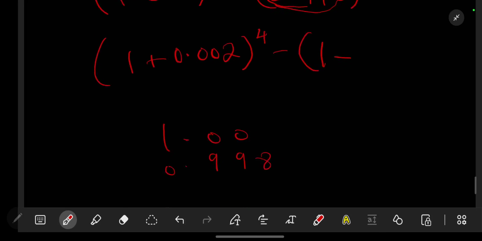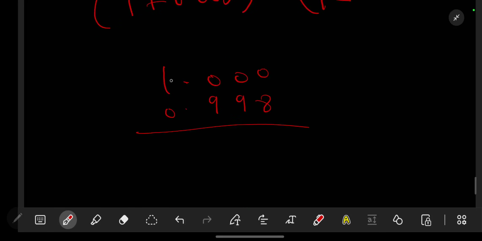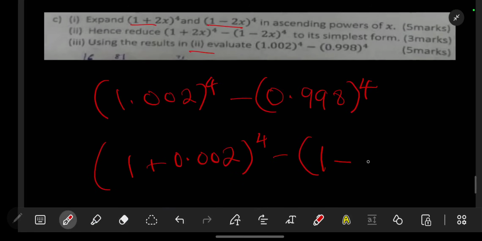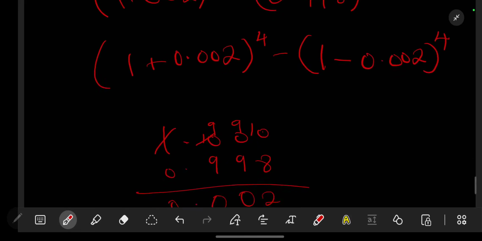This is going to give us, we get a 10 here, it will be 10 minus 8, it will be 2, 0, 0.0. So this number is the same as 1 minus 0.002 to the power of 4, like that.